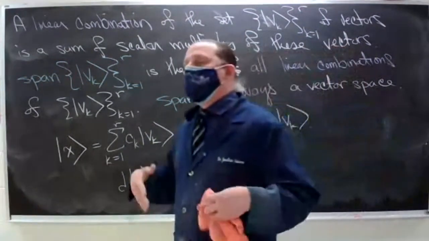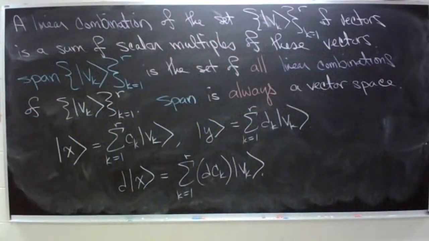What we're basically doing is we're piggybacking on the properties of the field, right? All of the elements of the field have additive inverses.